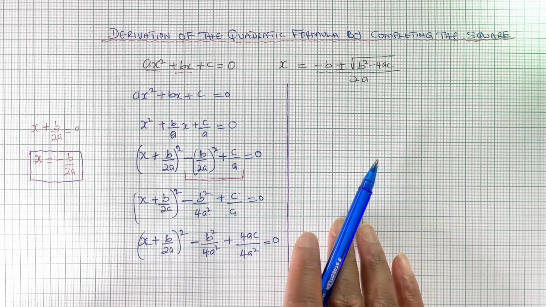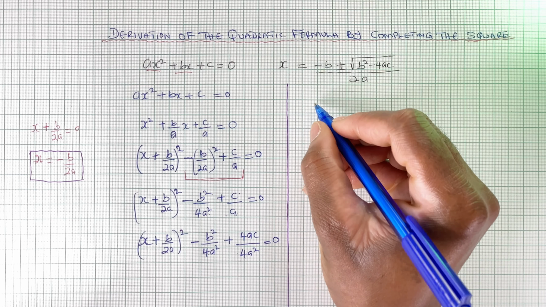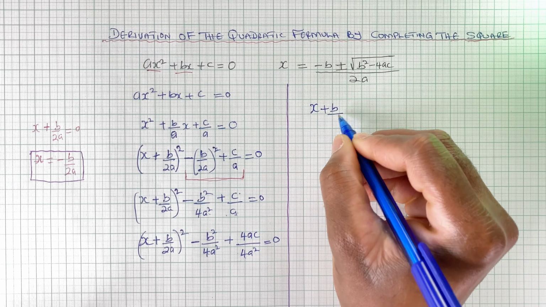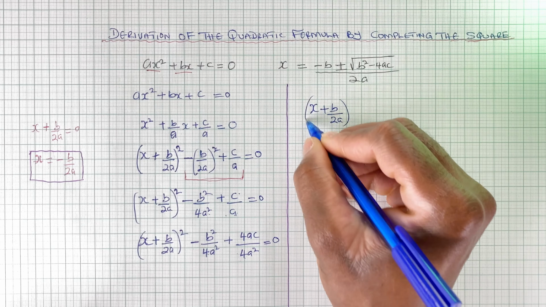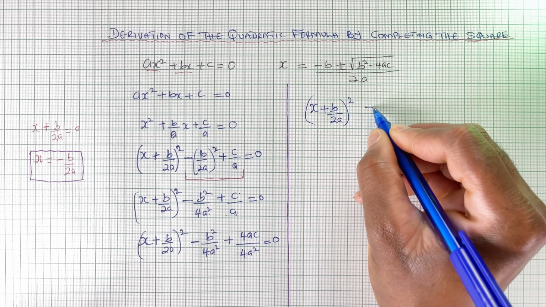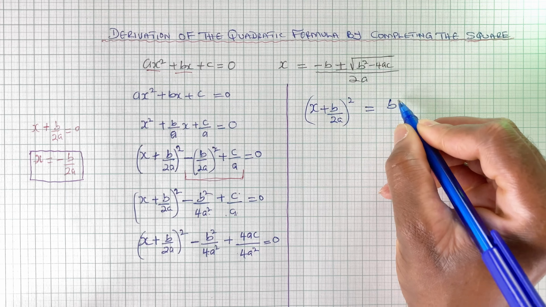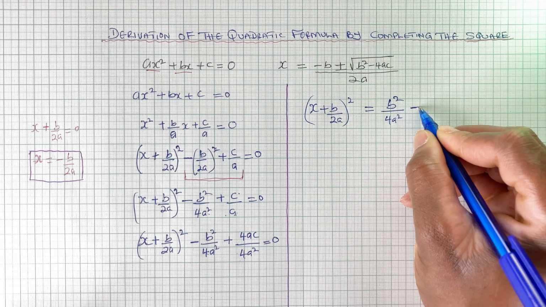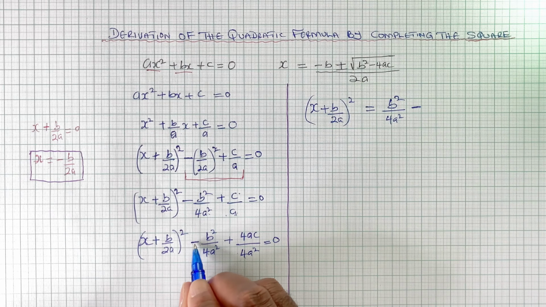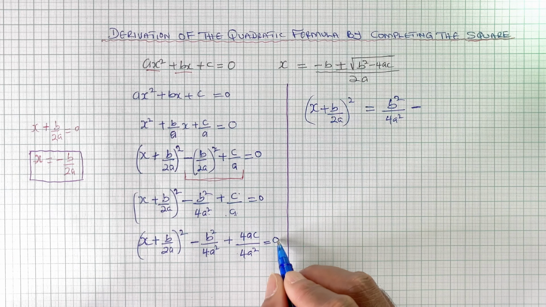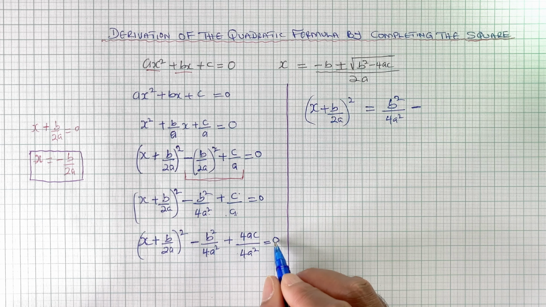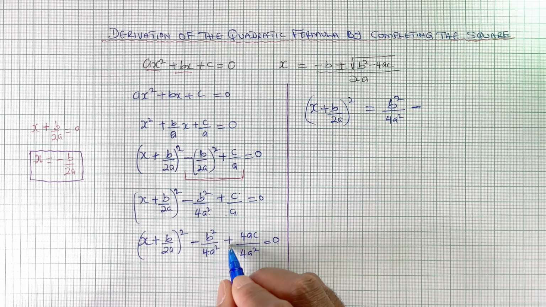So I'm going to move them to the right hand side, and I'll get x plus b over 2a squared will be equal to b squared over 4a squared minus, because that was plus, it will become minus if you move it to the other side, and the minus will become plus when you move it to the other side.